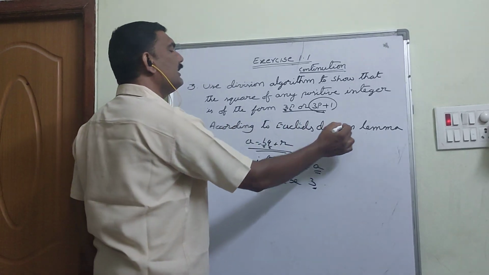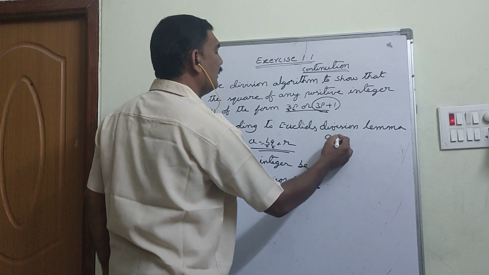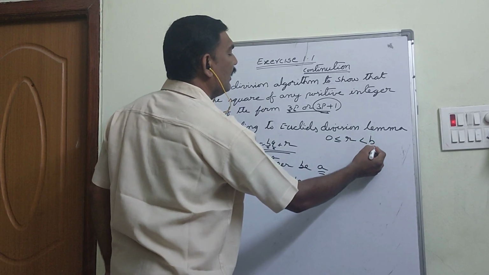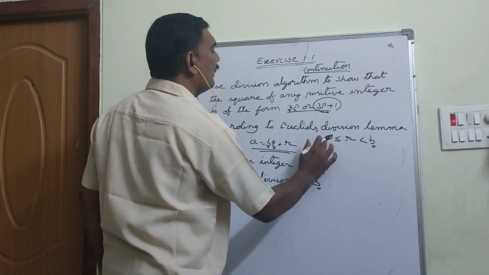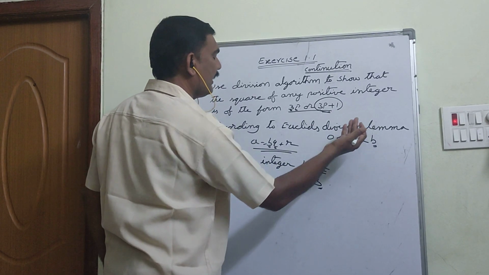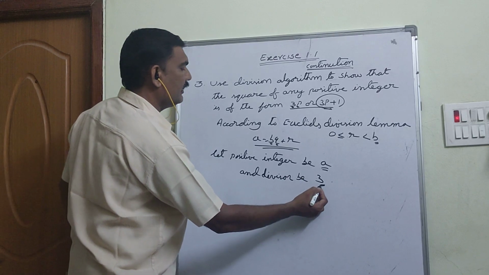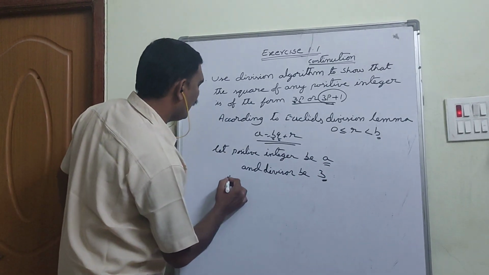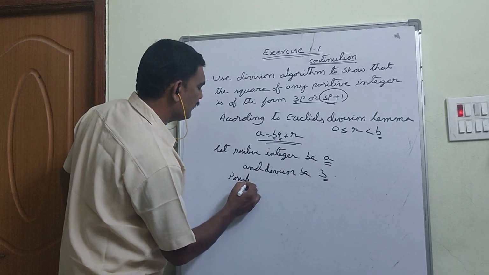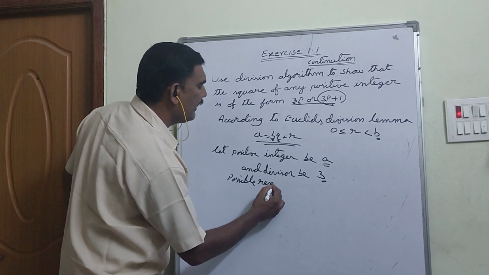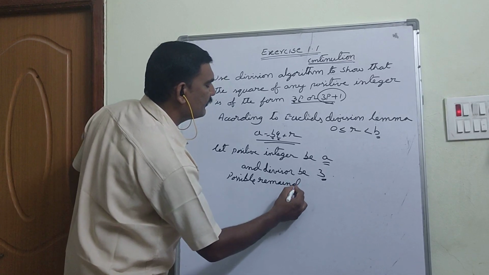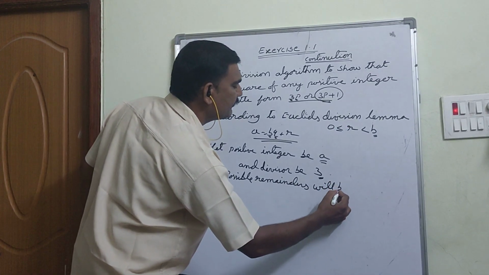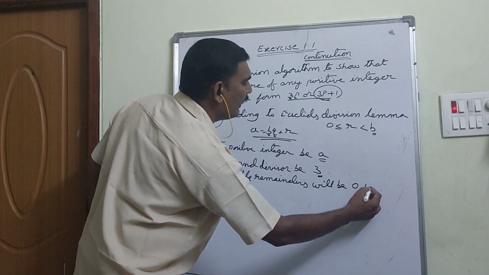So Euclid's division lemma is saying that the remainder always will be less than the divisor and greater than or equal to 0. So here 3 is the divisor. Possible remainders will be 0, 1, 2.